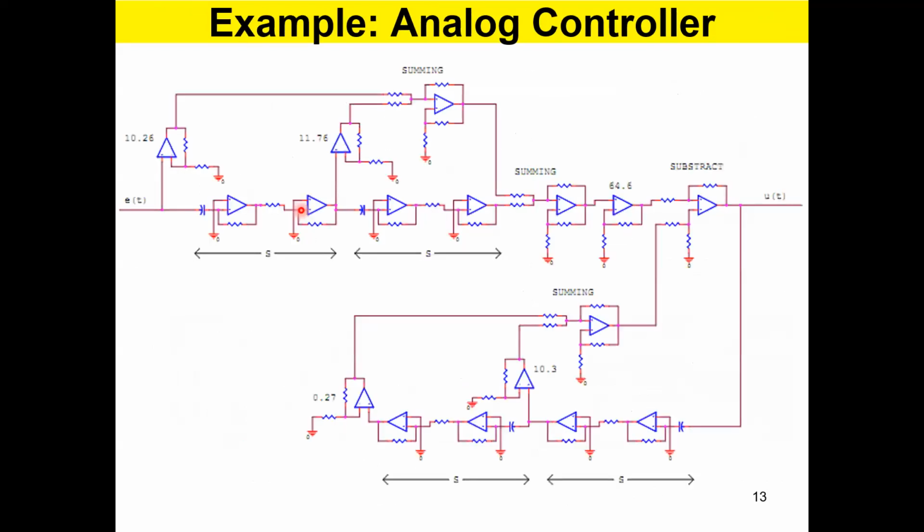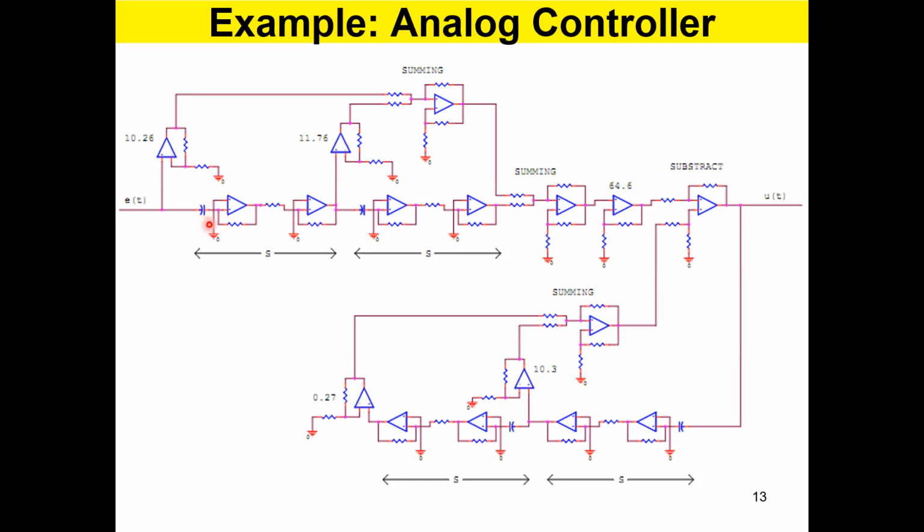So when you do that, this particular circuit will look like this. This is how you get the gain, 10.26, and the differentiators. They come in pairs of op-amps, because when you have one gain differentiator, it has a negative gain also, so you need another negative gain to make it positive.